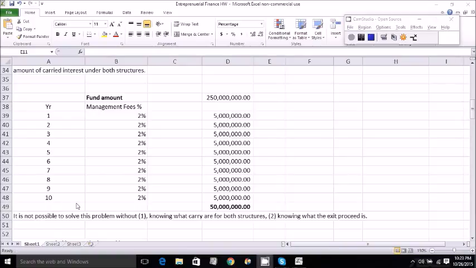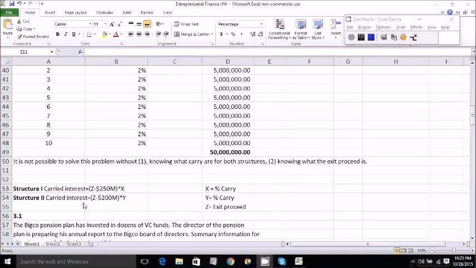Based on the setup of this question, it is impossible to solve this problem without, 1, knowing what the carry is for both structures, and 2, knowing what the exit proceeds are. However, I'm going to use an algebraic formula to represent how to solve this problem.